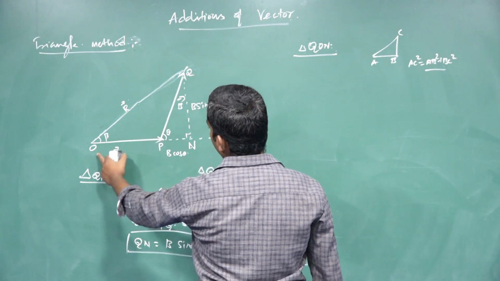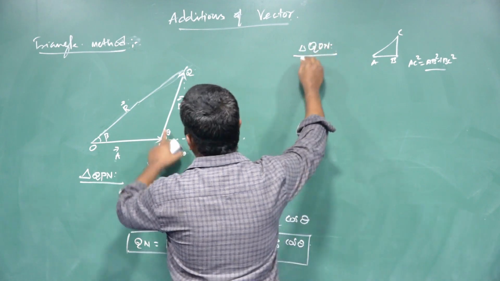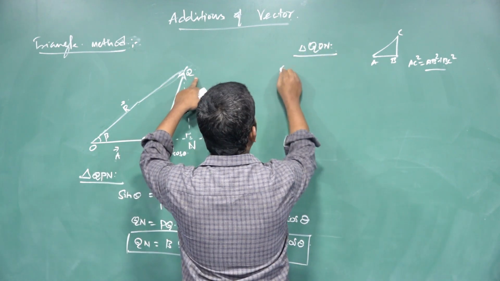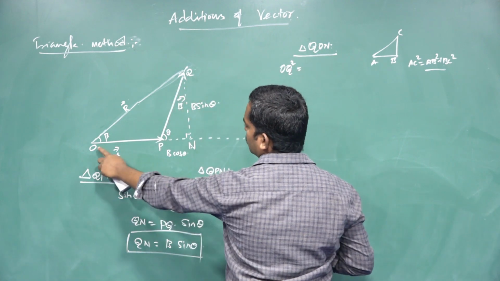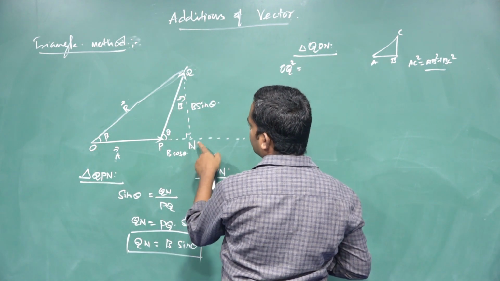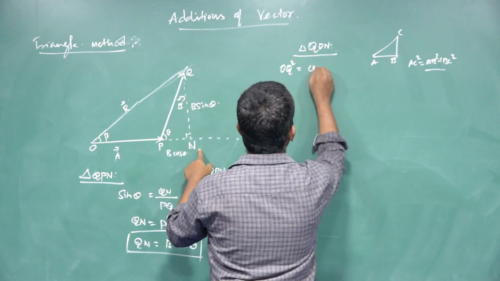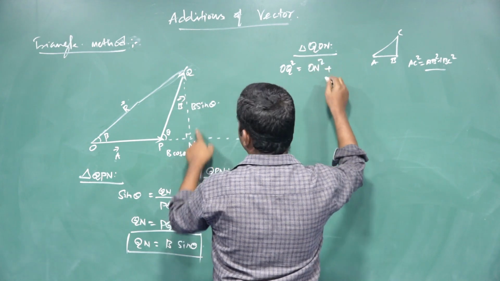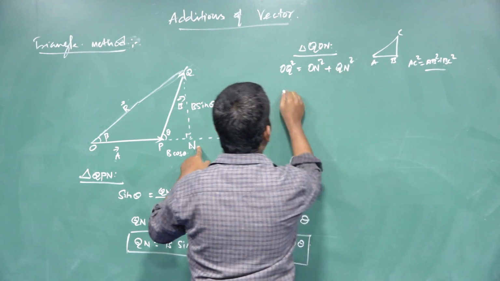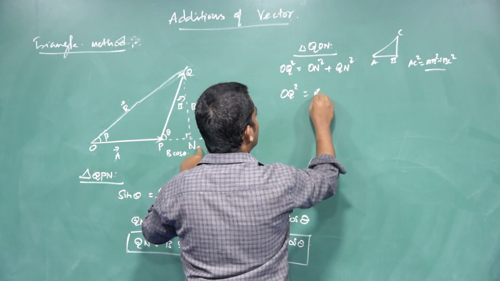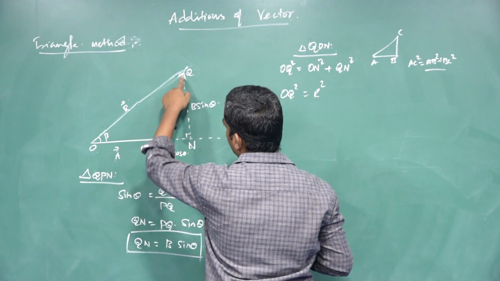This is QON. So OQ square is equal to ON square plus QN square. OQ square is equal to R square. This is the resultant vector.